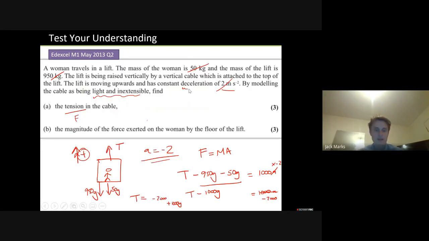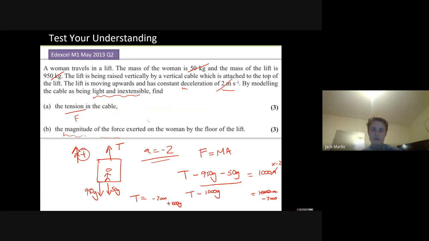The magnitude of the force exerted on the woman by the floor of the lift. Okay, a bit more difficult, this one. So what are we really looking at? The magnitude of the force exerted on the woman by the floor. So what's the floor doing to the woman?